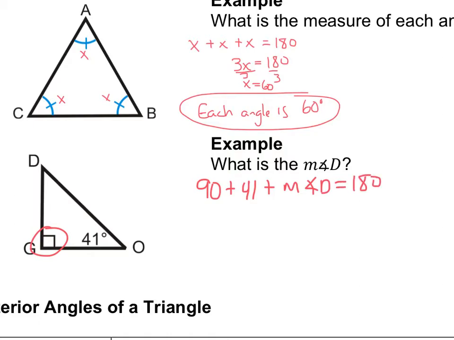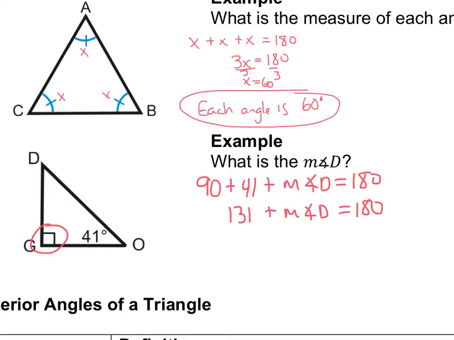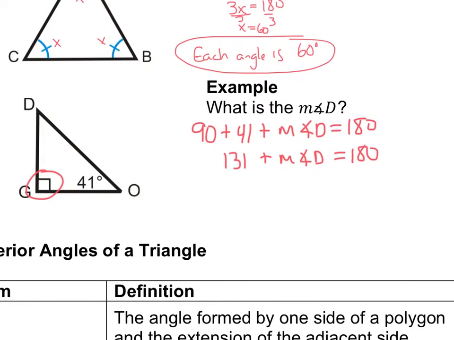I can do that because the triangle sum theorem says that when I sum all the angles, it should be 180 degrees. So I end up with 131 plus the measure of angle D equals 180, and I'm going to subtract 131 from both sides. The measure of angle D equals 49 degrees.